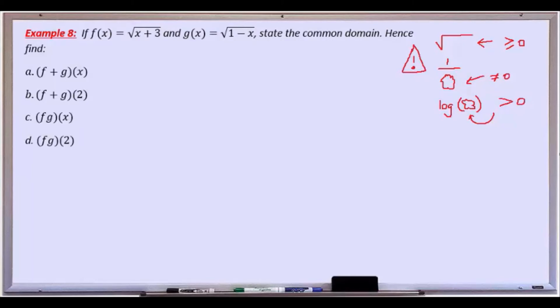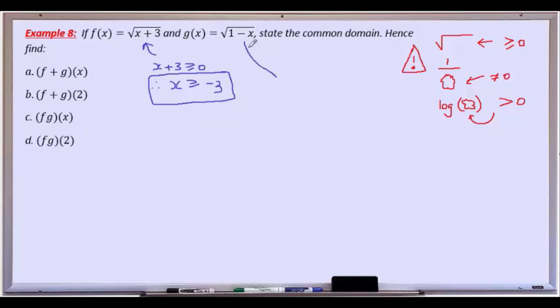Now, f of x has a square root, so we know that x plus 3 must be greater than or equal to 0. Otherwise, we'll have a negative underneath here and horrible things will happen. Therefore, algebra tells us that x must be greater than or equal to negative 3. So that's our first restriction on our domain.